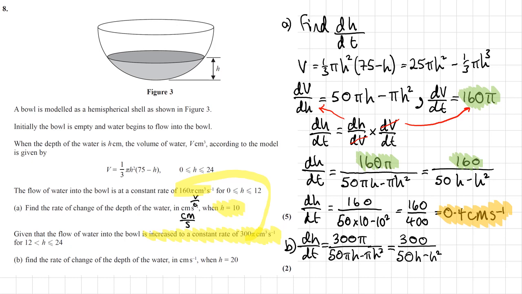So now I'm just going to substitute in h is 20 instead. So dh/dt is going to be 300 over 50 times 20 minus 20 squared, and that changes the answer to 0.5 centimetres per second.